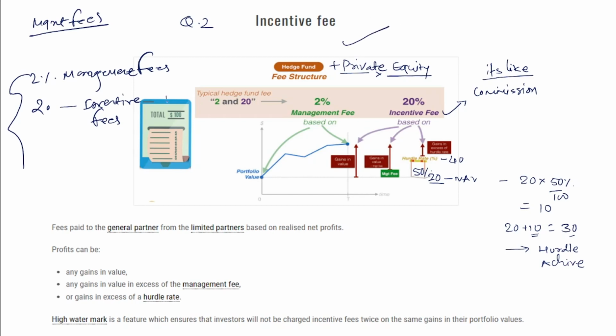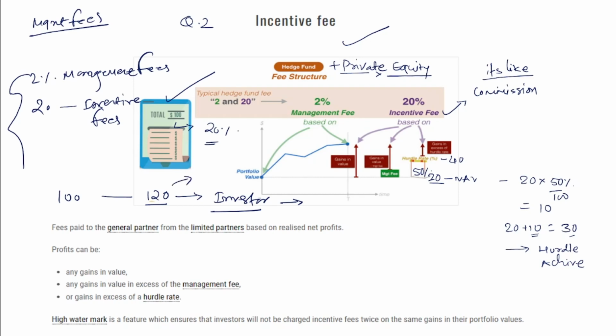Let's say the total investment value is 100 rupees and the fund managers have committed that they would help generate 20% as a return on it. So if the value goes from 100 to 120, then investors will reward the fund managers by paying 20% as incentive fees on the gain value. So it means 20 rupees.